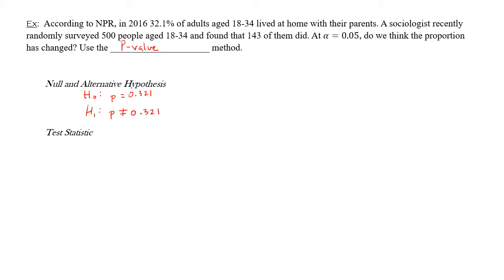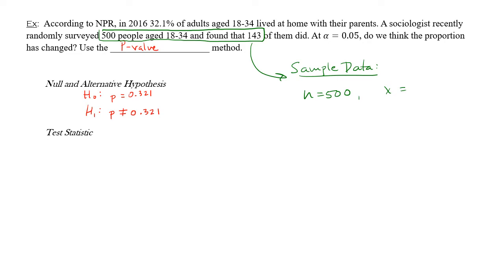And before we compute our test statistic, I'm going to gather my sample data, which was the information that we had here. In our sample, we had 500 people surveyed, and we found that 143 of them still lived at home. So with that, we can get our point estimate, which is 143 over 500.